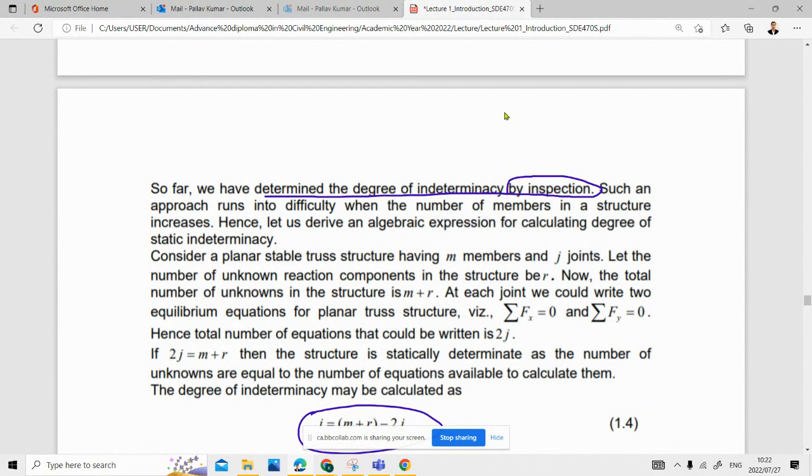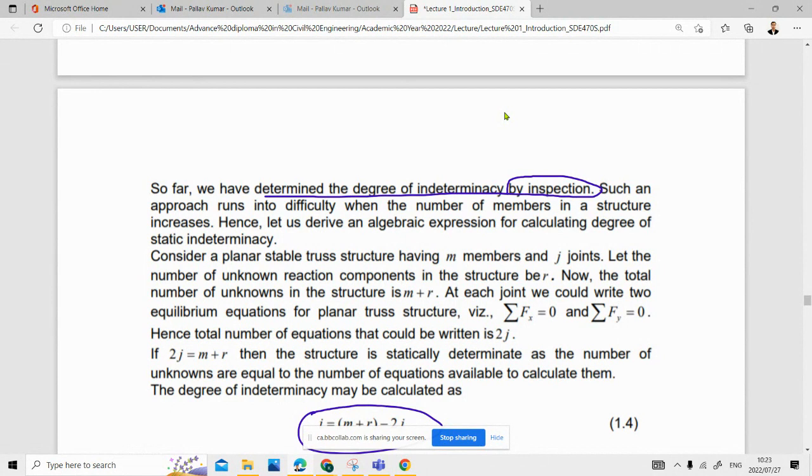Once you have good experience, when you go to the site you see everything visually, right? And later on, once you come to the office, you get the design drawing, and then you see other aspects of the things, right? But by observing the site, you will know that okay, this structure is determinate, so a simple analysis can solve this problem.